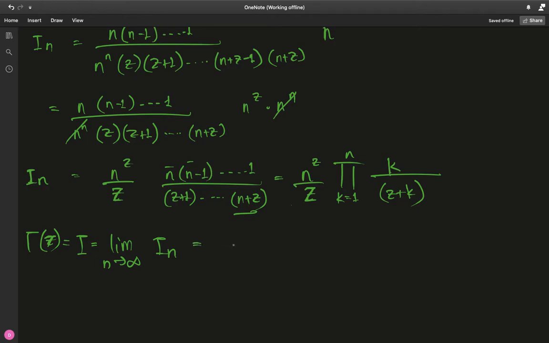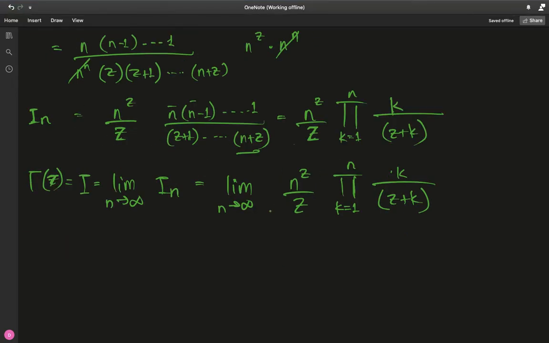So if we do that, we have the limit as n goes to infinity of n to the z over z, and the product from k equals 1 to n of k over z plus k.